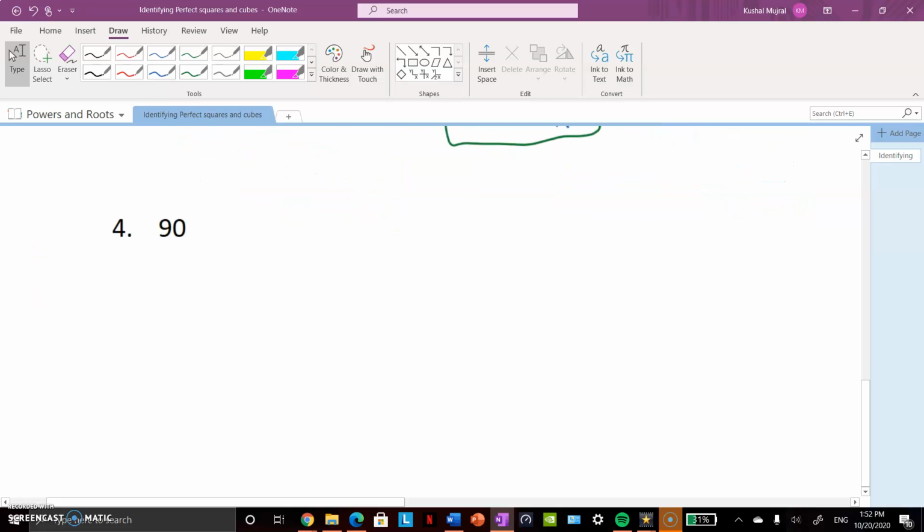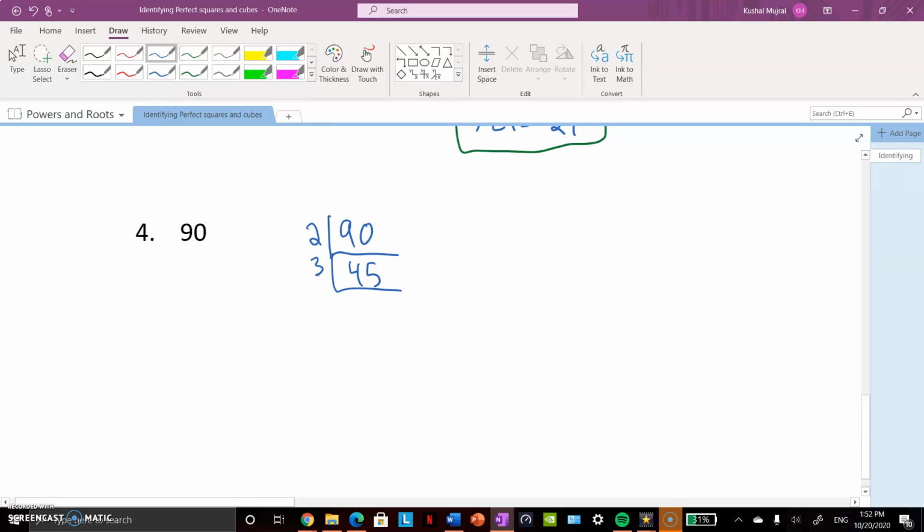Let's look at 90. We're going to take 90 and put it in a prime factorization. You can divide it by 2, and then we're left with 45. You can divide by 3, and we're left with 15. You can divide by 3 again, and you're left with 5. So 90 equals 2 times 3 times 3 times 5. Is there any way we can arrange this to make it a cube or a square?